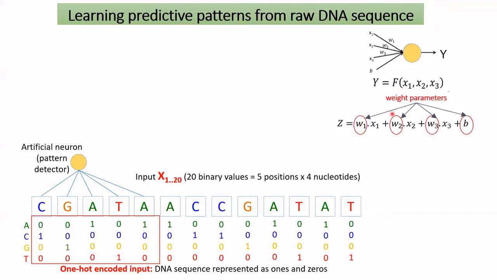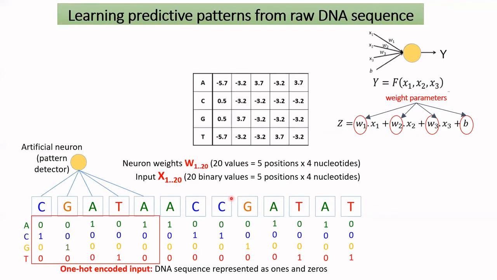The simplest type of function you can think of is a linear combination of these 20 inputs to produce some output. If you visualize the weights of this linear model in the same configuration as the inputs, you get a matrix of 5 positions by 4 rows with weights corresponding to positive or negative numbers.